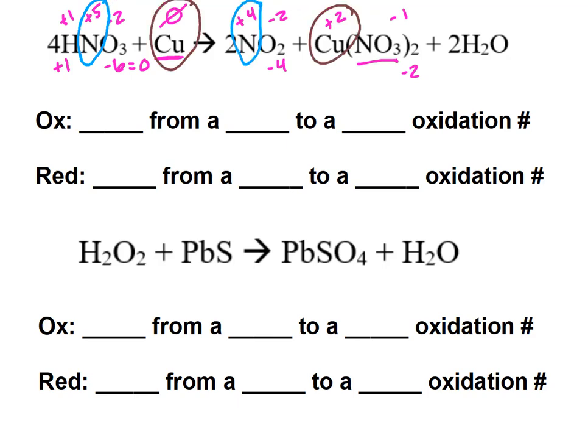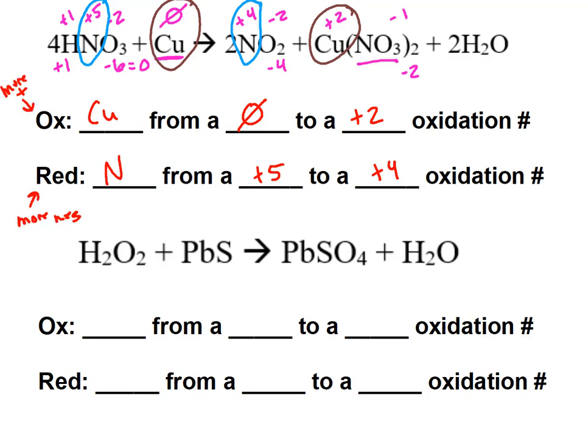And so nitrogen gained electrons because it became less positive. So nitrogen was reduced. It went from a +5 to a +4. Which means copper was oxidized. It went from a 0 to a +2. It became more positive. So oxidation, more positive, reduction, more negative.